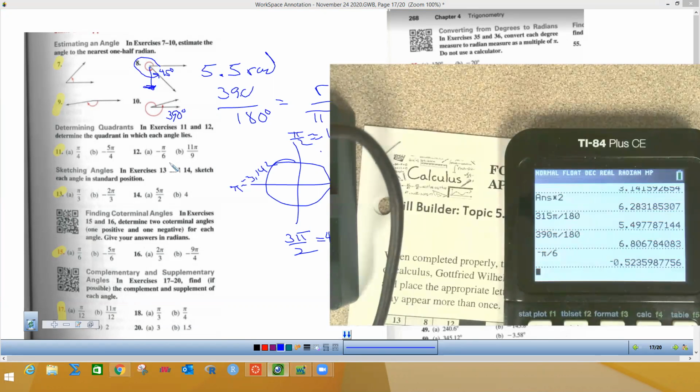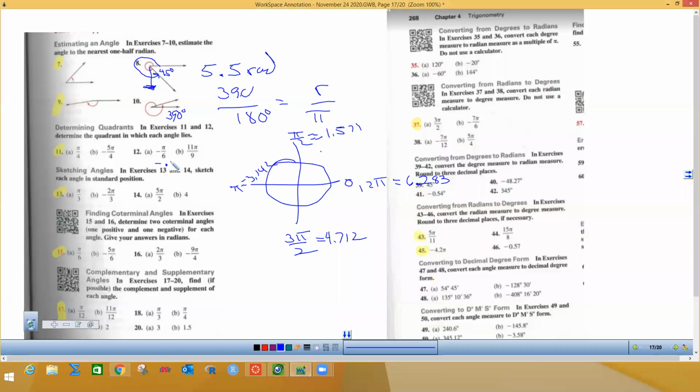So this is about negative 0.527. So now we're talking negative. Again, this would be 0, but this down here would be negative 1.571, because going down 90 is going to be the negative of that, and this would be negative 3.142 and so forth. But I hope we could see that it would be right in here somewhere. Negative 0.5 is between 0 and negative 1.5. So this answer would be quadrant 4.